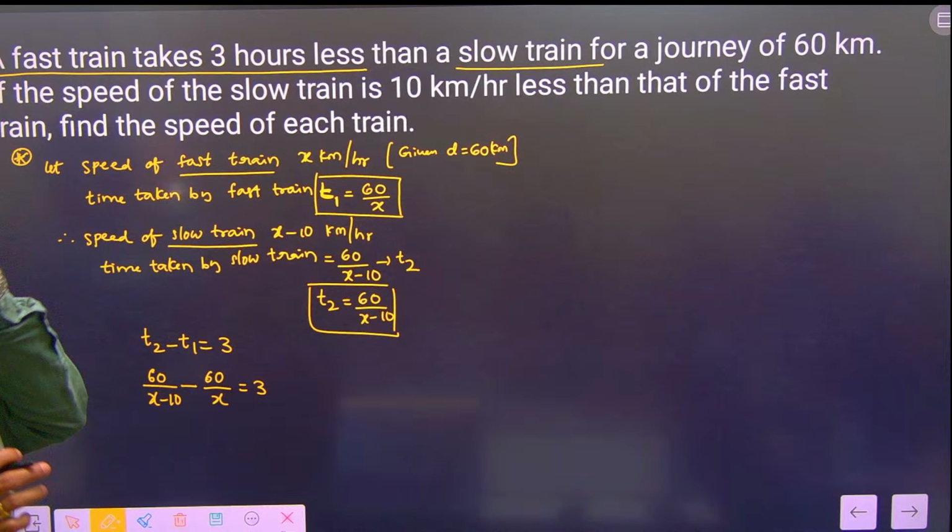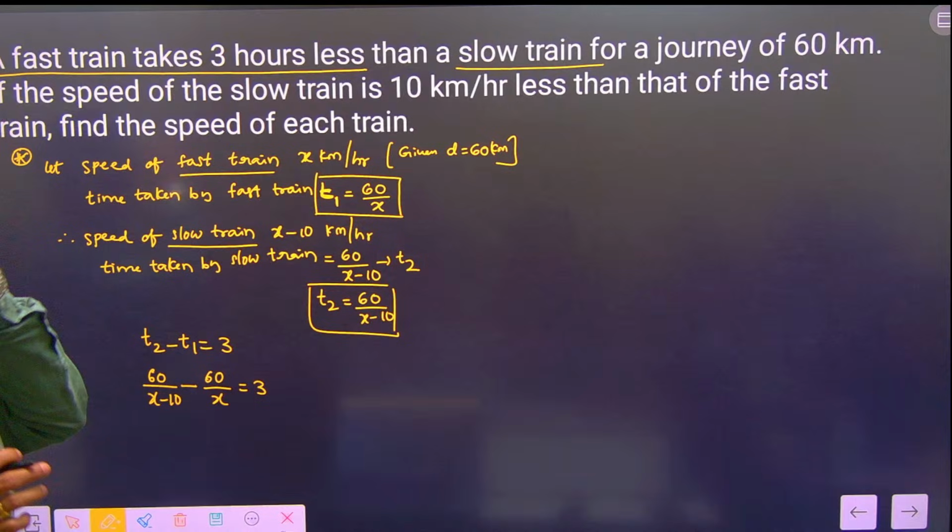So what happens here? 60x minus 60 into x minus 60 into minus 10, that is plus 600, is equal to what we have on that side, 3 into x square minus 10x. 60x minus 60x cancels, so 600 is equal to 3 into x square minus 10x. Transpose this 3 that side.